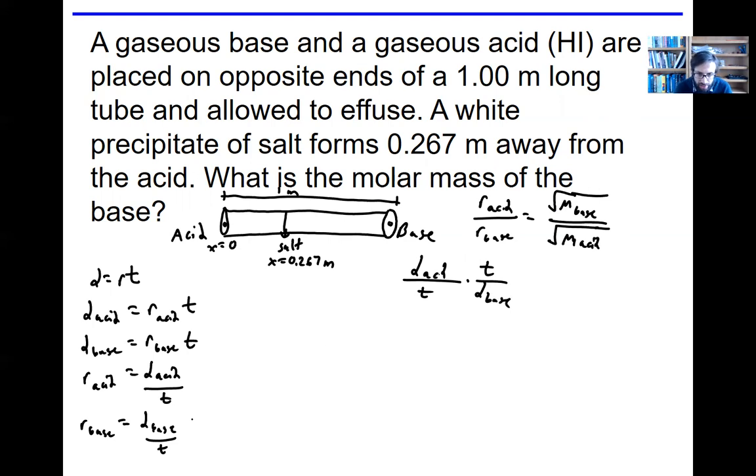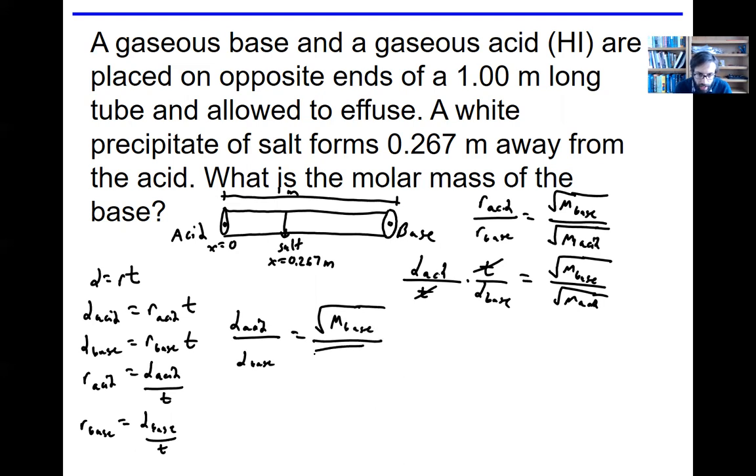We just flip this expression here, and that will then equal the rest of our expression with the square roots. At this point we see that the T's cancel. We have the T on top and the T on the bottom, and so our equation just becomes D acid over D base equals the square root of M base over M acid.